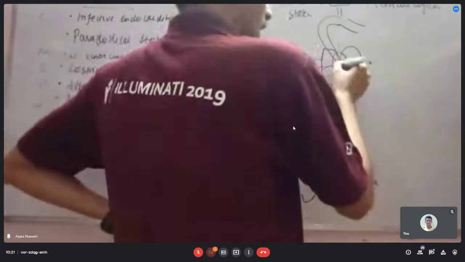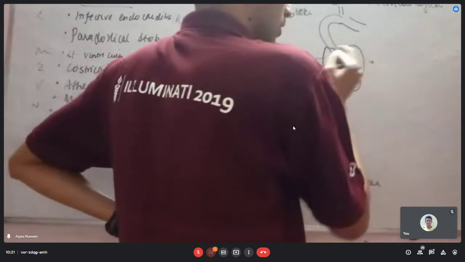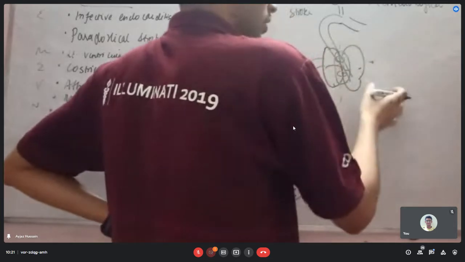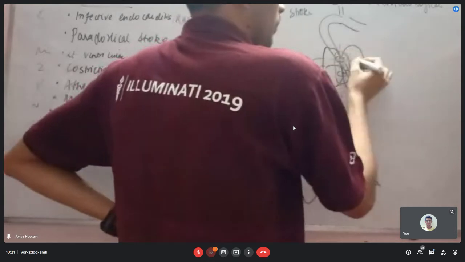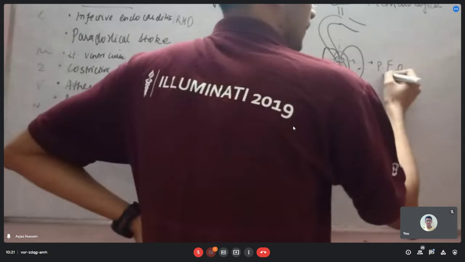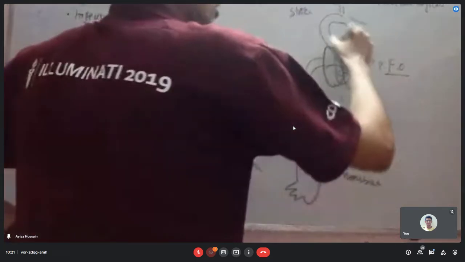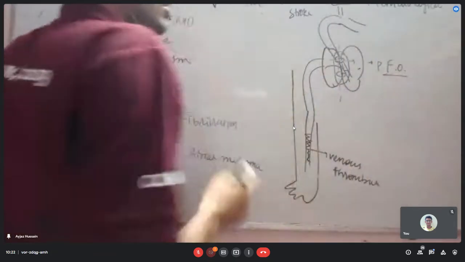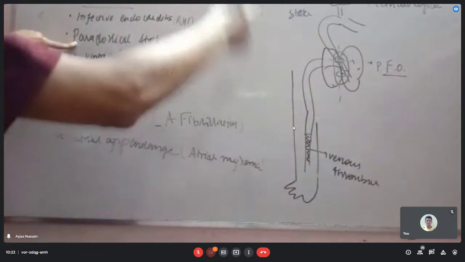Unless there's a defect over here, the thrombus won't get dislodged. So a venous thrombus via a patent foramen ovale enters into the arterial system of the heart and then causes an arterial stroke. This is called paradoxical stroke. Paradox because a venous thrombus is causing an arterial stroke.